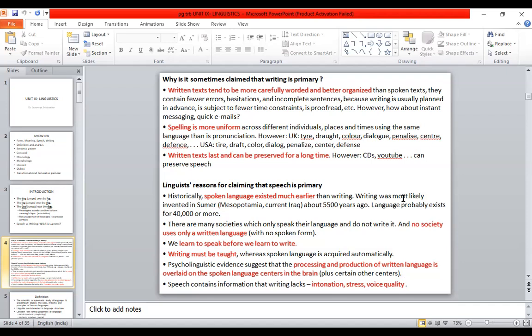So the first point is they tend to be carefully worded, okay, and better organized. When we compare the spoken form of a text to the written form, there is always a mode of correction. Say, for example, the same lecture that I'm giving you now, if I write it down, there will not be repetitions.